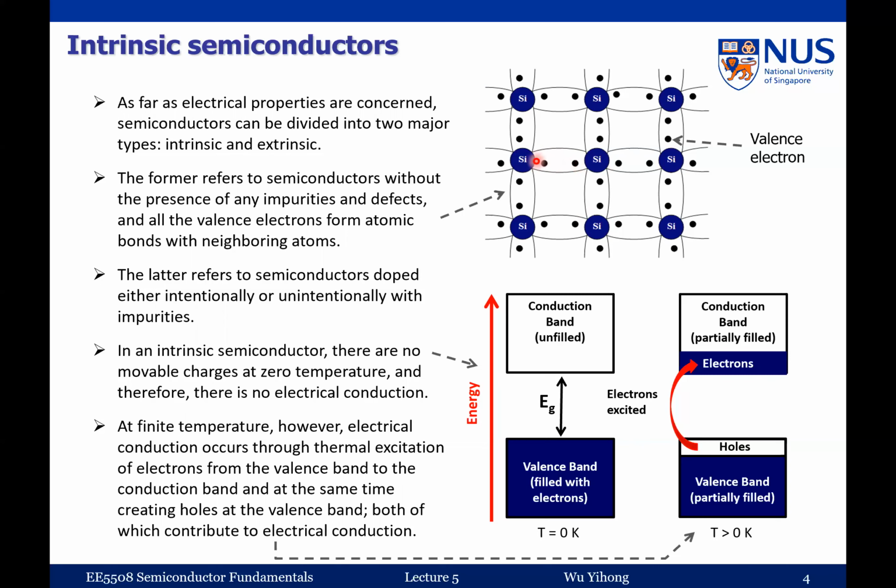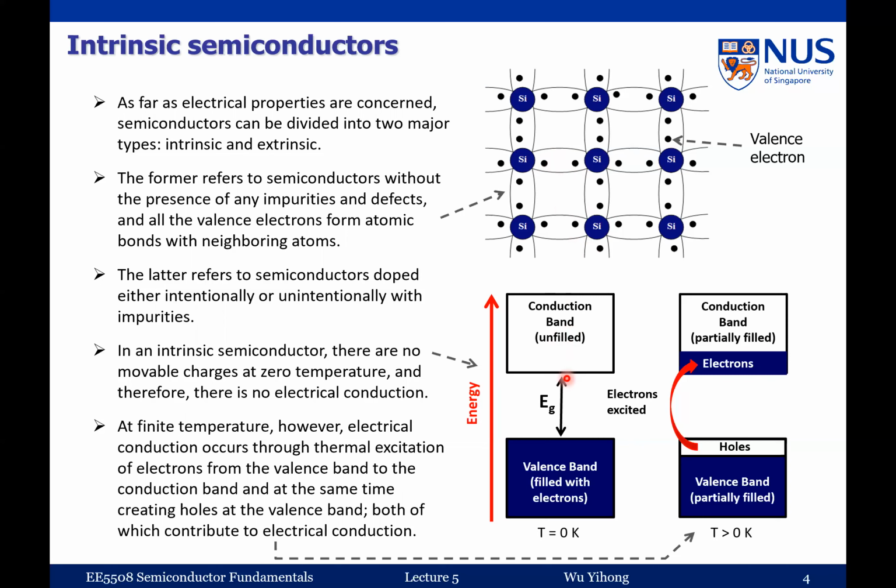In this case, you can see that the 2 neighboring silicon atoms share the electrons, right? The electron cloud or wave function from the 2 atoms overlap with each other and form a bonding state. And the strength of this state will determine the band gap, right?